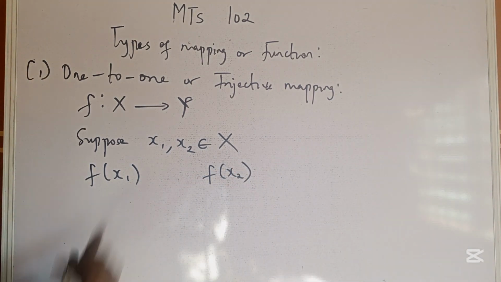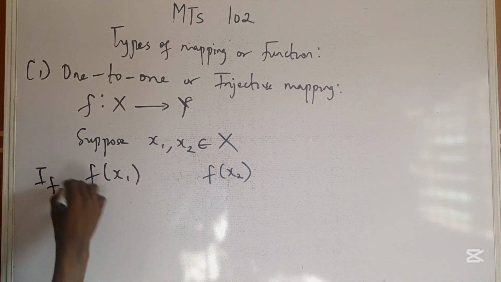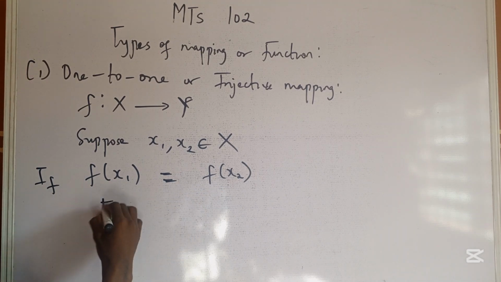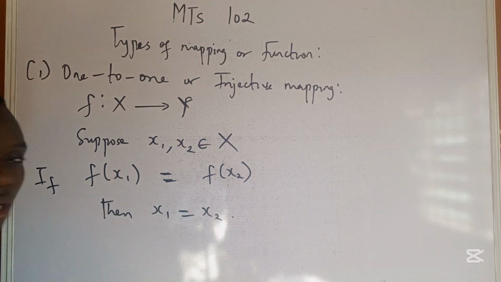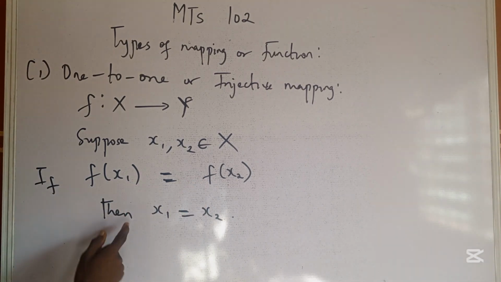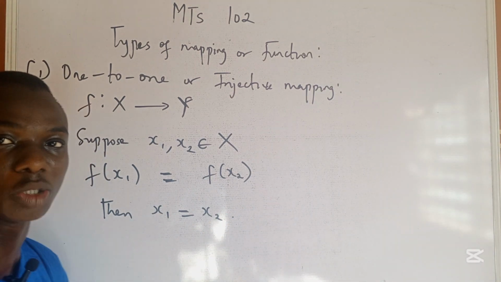This is just the injectivity part, or the one-to-one. If two images are equal to each other, then the pre-images x1 and x2 are going to be the same. If you have a condition like this, then we say it's one-to-one.